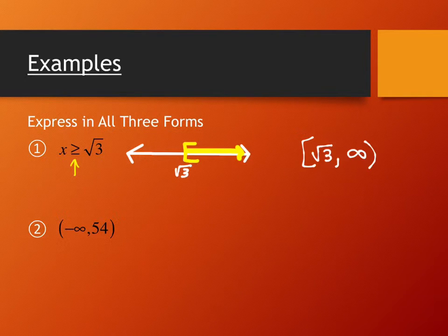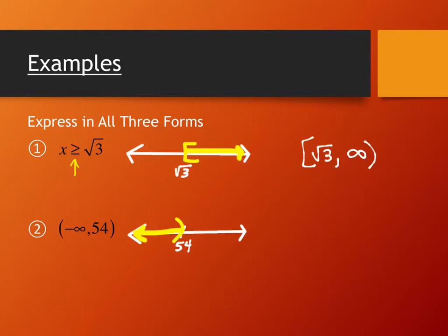On number 2, the only value that I'm concerned with is 54. So 54 will go on my graph. Where will I shade? Left, because it's negative infinity until I get to 54. And will I have a parenthesis or a bracket?